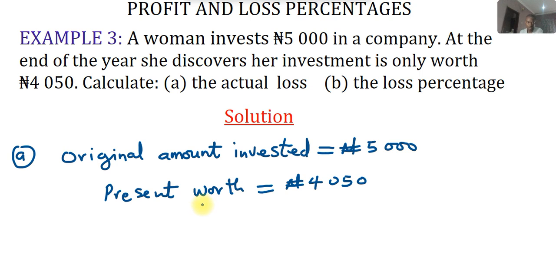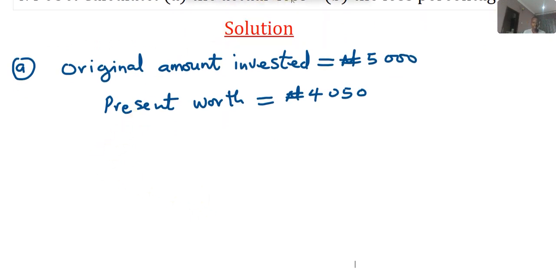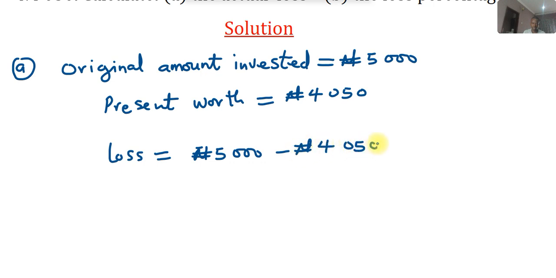Since a loss was made, I'm going to say loss will be equal to the original investment, that is the cost price, minus the present worth of the investment, that is 5,000 naira minus 4,050 naira.